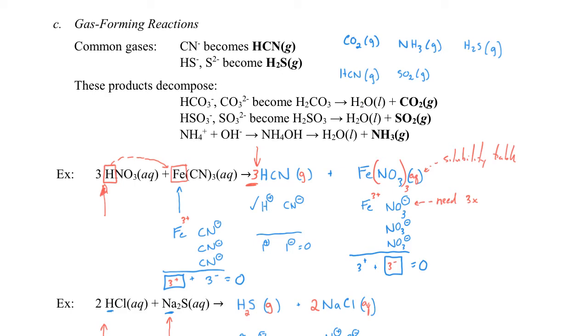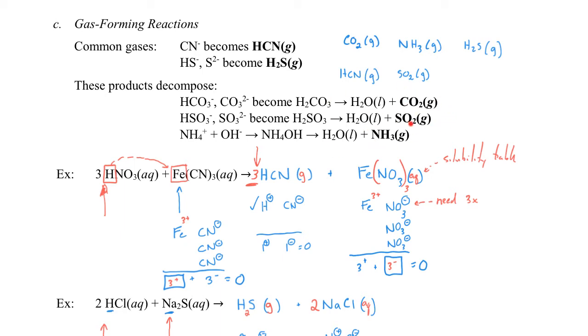Very similar. We also have a third one, where ammonium hydroxide decomposes into water and ammonia. So there's a pattern here. In each of these reactions, we have this H2 and then some ion, where we decompose into water and then one of our common gases.